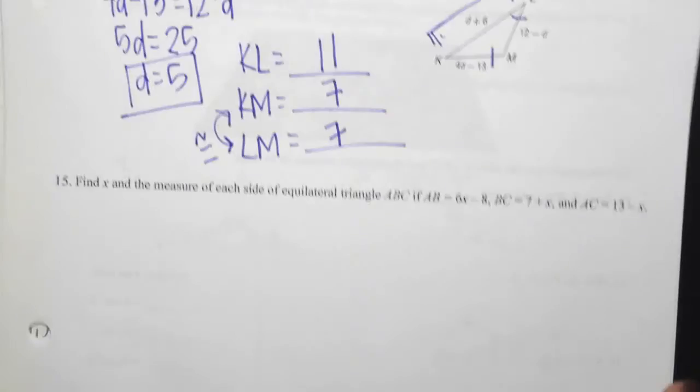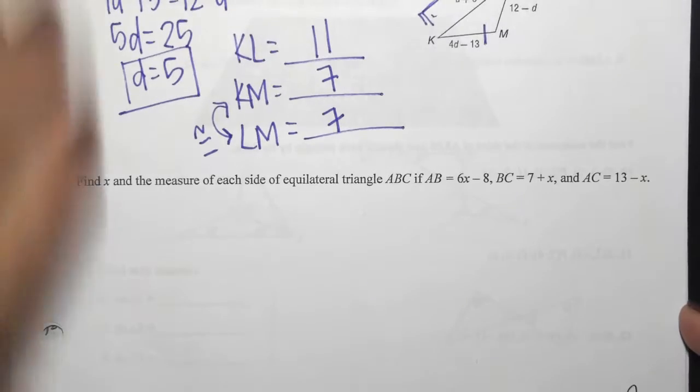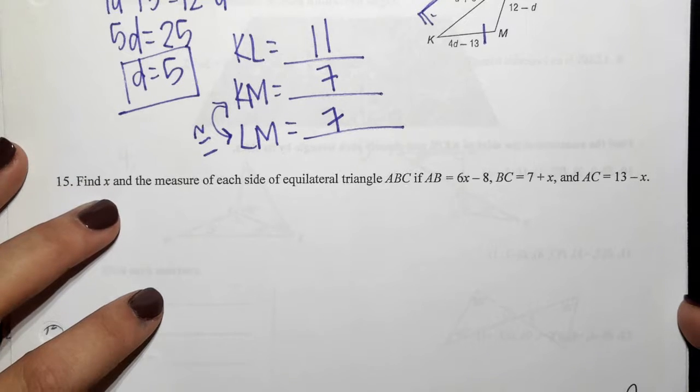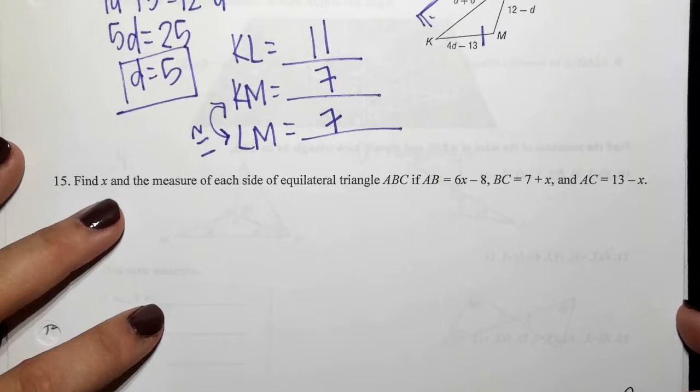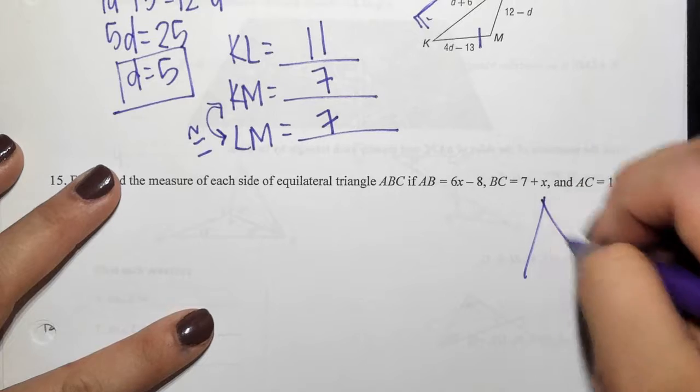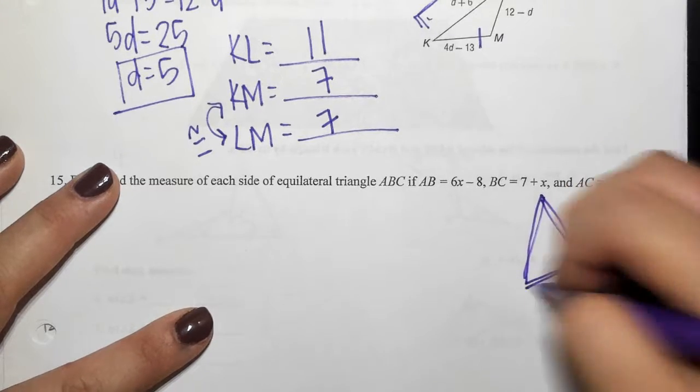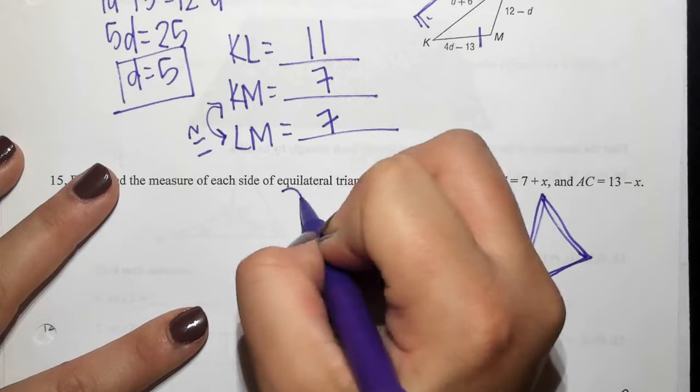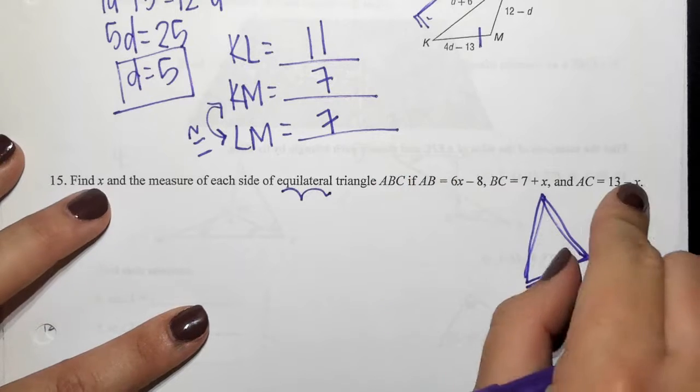Okay, if you're done with 14, let's do 15. You can always draw a triangle if you need to. However, for this one, you don't really need to because it tells you that they're equilateral and it lists all the sides.